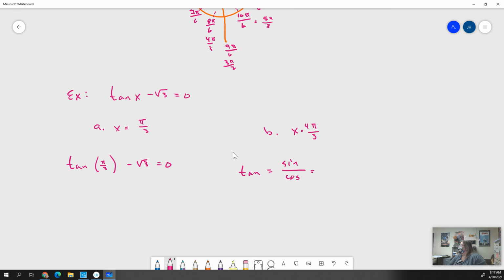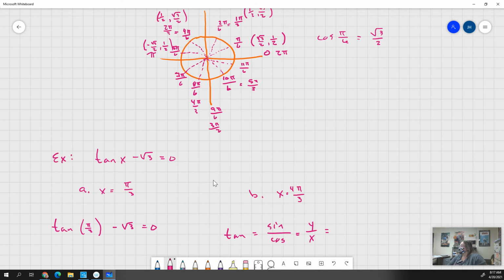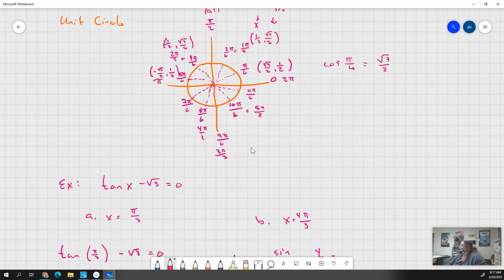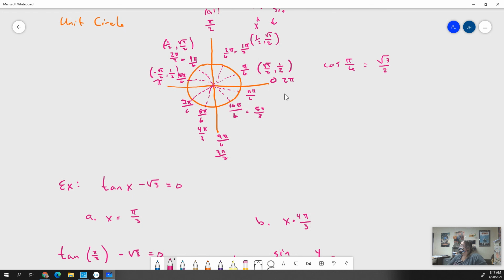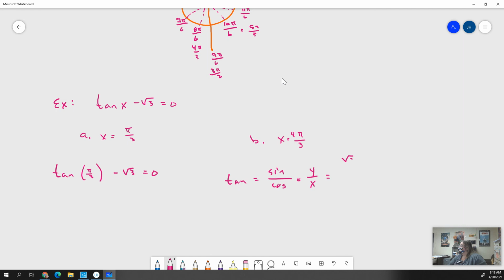So for us, that is going to be y over x. So I'm going to go to pi over 3, which is right here, and I'm going to go radical 3 over 2 over 1/2, right? Because I have to figure out what that tangent is when we have pi over 3.